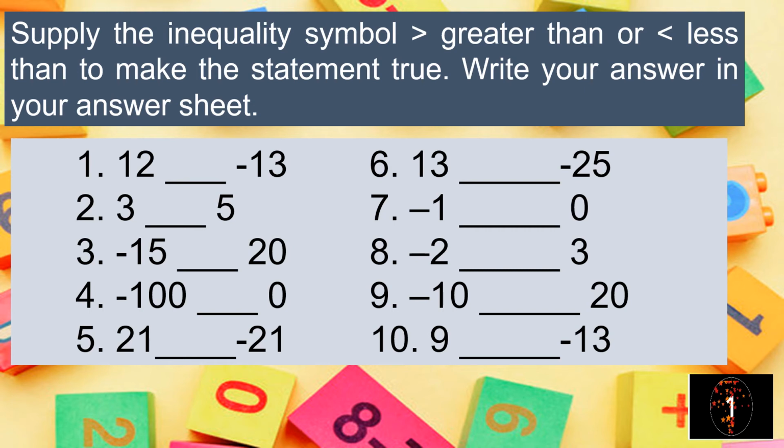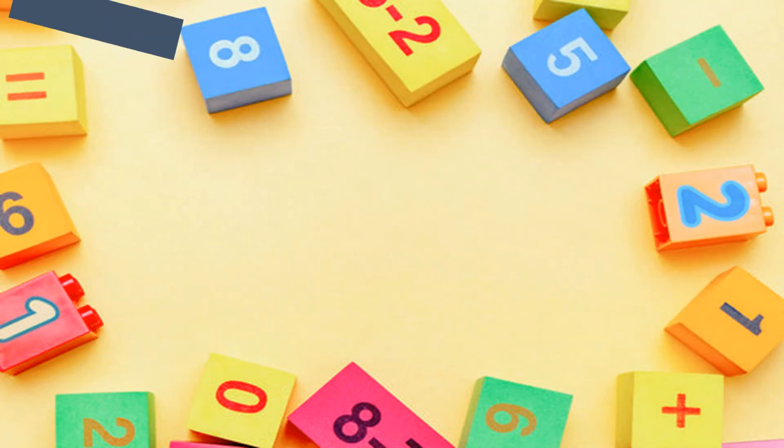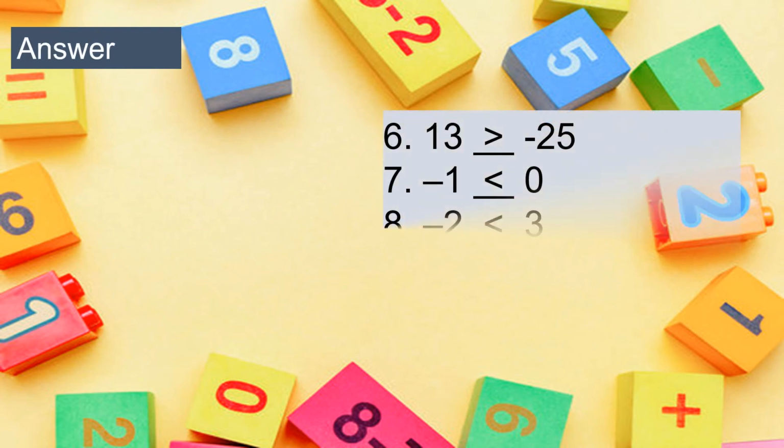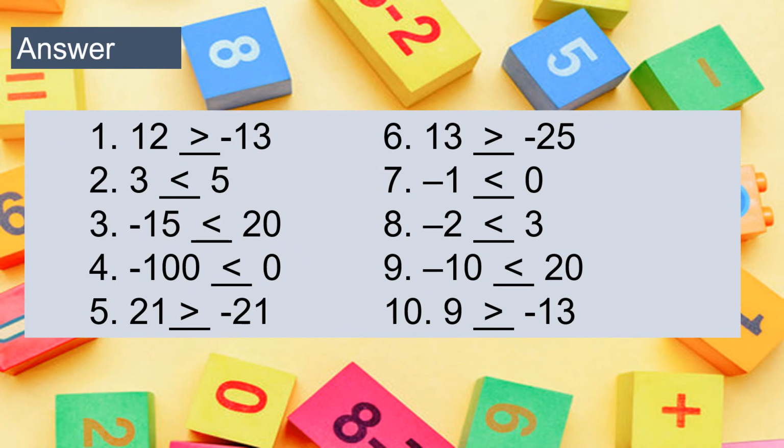Okay, so let us see your answer. 12 is greater than negative 13. Number 2, 3 is less than 5. Number 3, negative 15 is less than 20. Number 4, negative 100 is less than 0. Number 5, 21 is greater than negative 21.